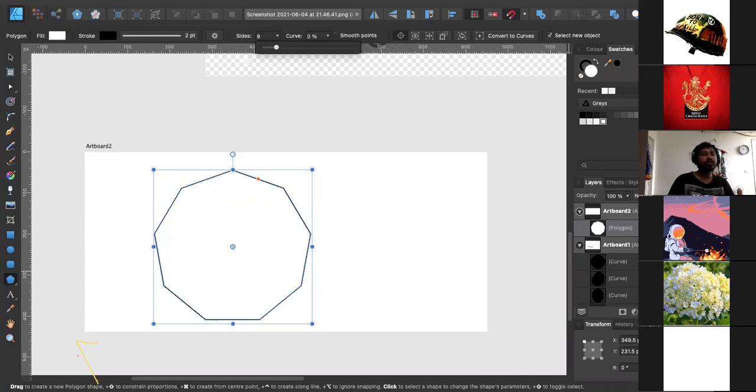So what can I call this? If the line segments are equal in size, what kind of a polygon will there be? Will it be a regular polygon or an irregular polygon, Vihan?